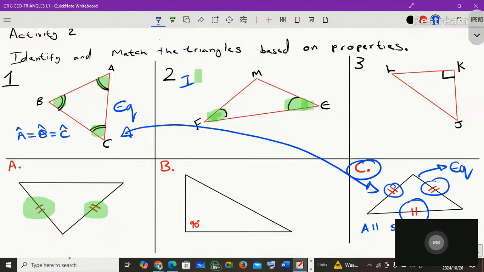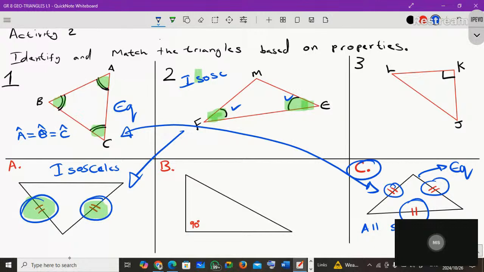You can know an isosceles triangle based on the angles given. So if you are given a triangle with 2 equal angles, you already know that's an isosceles triangle. I hope it makes sense. Also, if you are given a triangle with 2 equal sides, you also know it's an isosceles triangle. So if you know those things, you can match these now. So the isosceles on number 2 matches with the isosceles on A. I hope it makes sense.